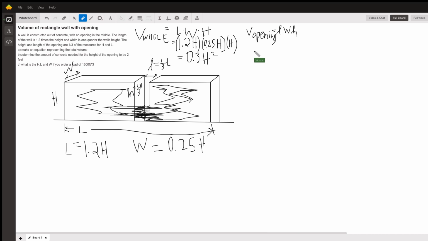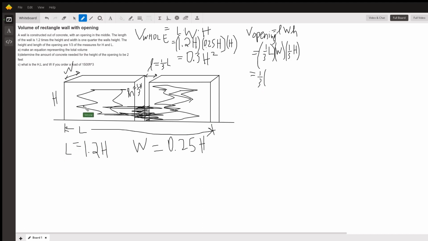Little l is 1/3 of big L, W hasn't changed, and little h is 1/3 of big H. It would help to get everything in H's, like the volume of the whole thing.